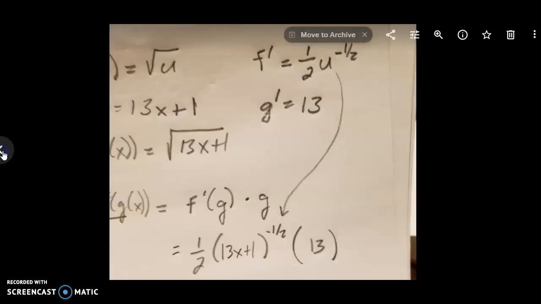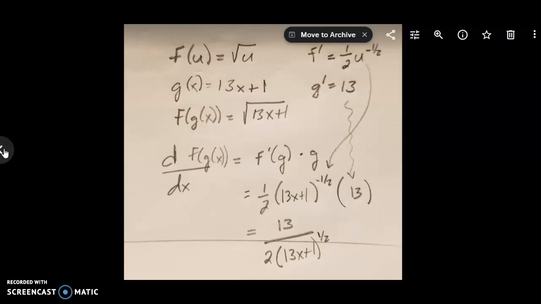So I fill it in, so there's g, and then there's g prime. And I drew a little arrow so you can see. And then I said, if you really want to, you can simplify, but that is not necessary. So I'm sorry about the prime.